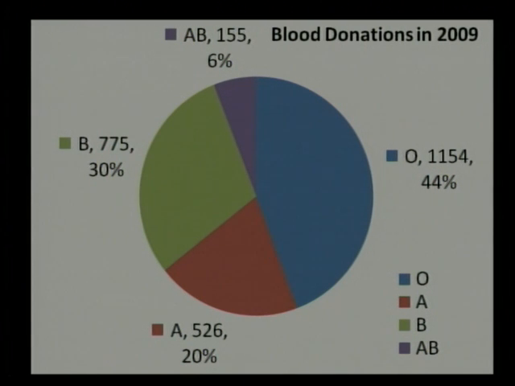So this is the total number of persons, and out of that 6% population, that means 155 people, have AB blood group, denoted here, and B group people are 30%, and the largest section is 44%, this particular area. So this is how the information can also be displayed with the help of Excel.